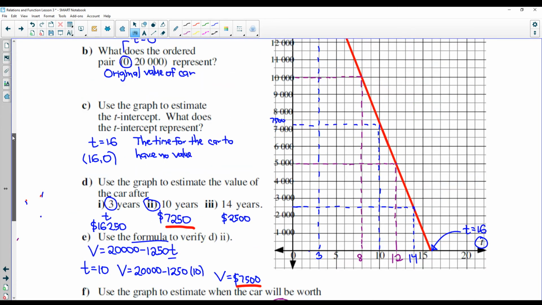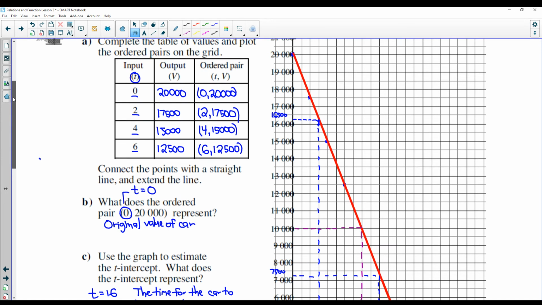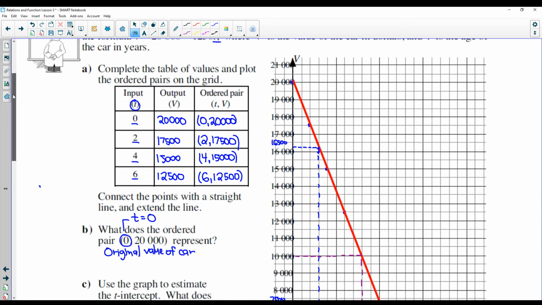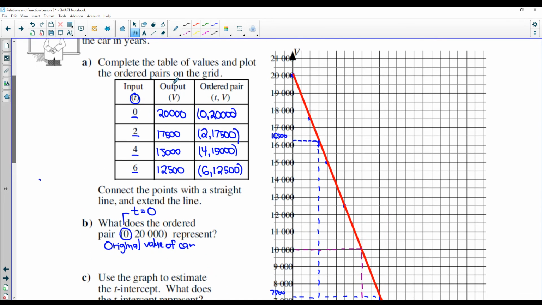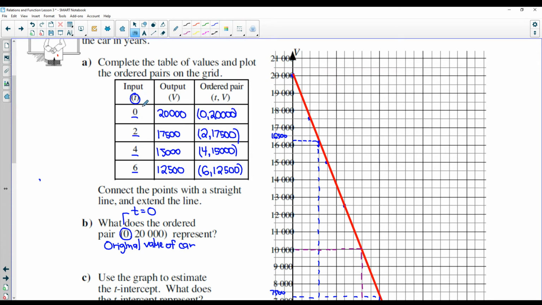Okay, well, let's go up and look at this. If we look at the table, we can identify how much it depreciates by in a year. So over 2 years, it depreciates by 20,000 minus 17,500, which is 2,500. Okay, so that's how much it drops after 2 years.